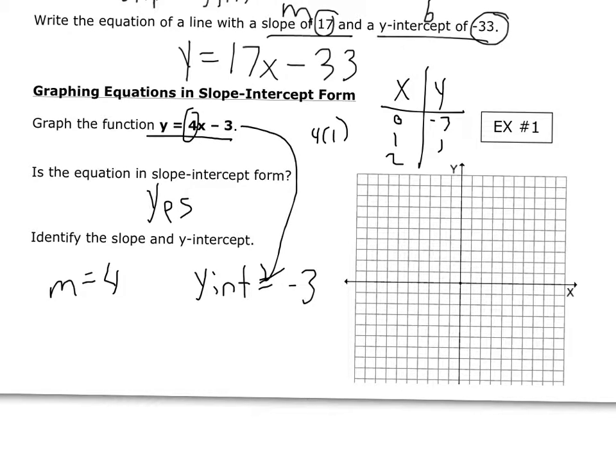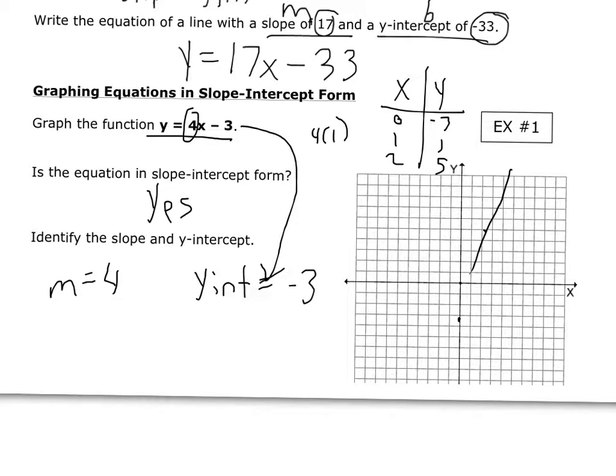If you plug in 2, 4 times 2 is 8, subtract 3, you get 5. If we plot this, we have (0, -3), (1, 1), and (2, 5).